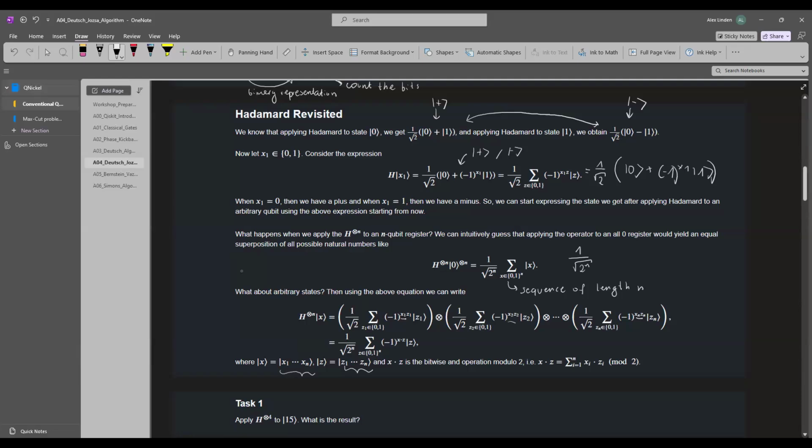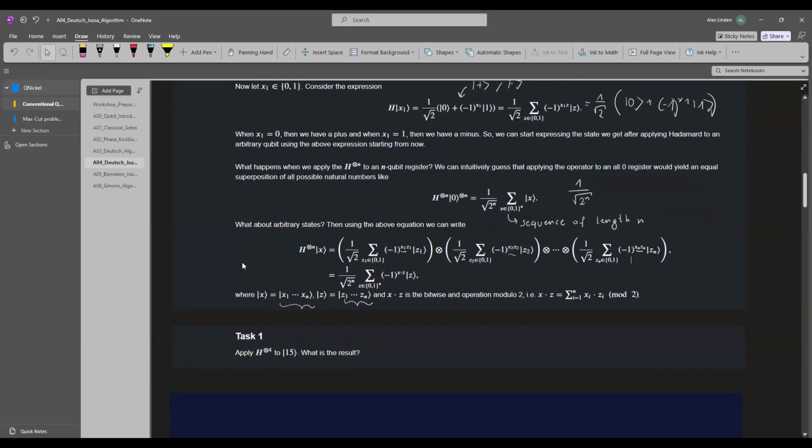And xz is the bitwise AND operation modulo 2. We can quickly write it out. The bitwise AND operation. So if we have 0, 0, here it's 0, here it's 1, we're adding and modulo 2 is 1.